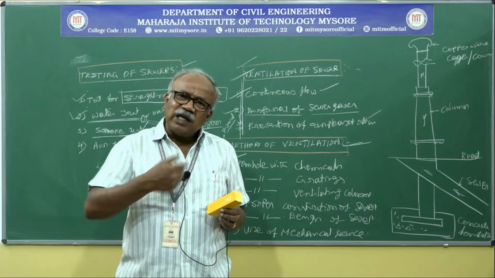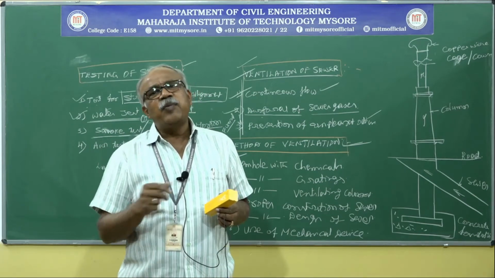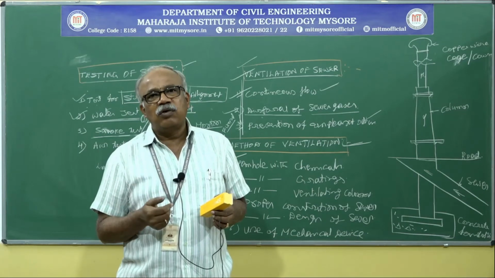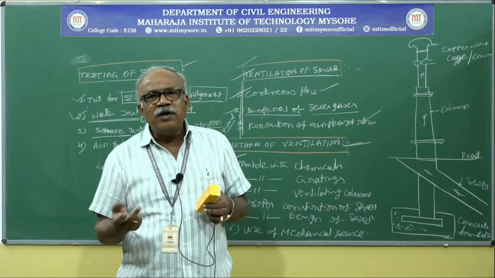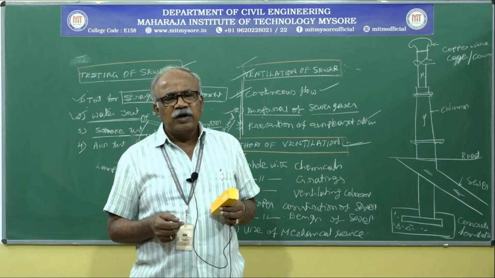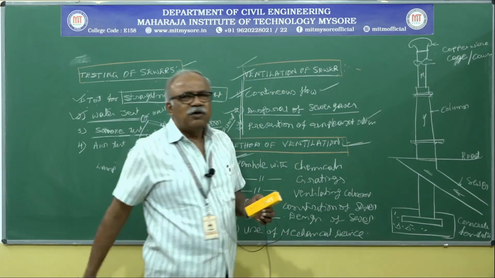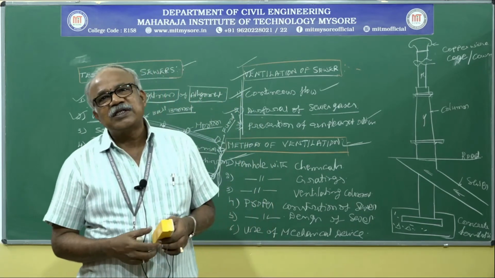And where a junction occurs, nearby the junction also we have to construct a manhole, to change in gradient or to change in diameter of the pipe. Are you clear or not? So, at the time of constructing manholes, at the top we have to put some chemicals.